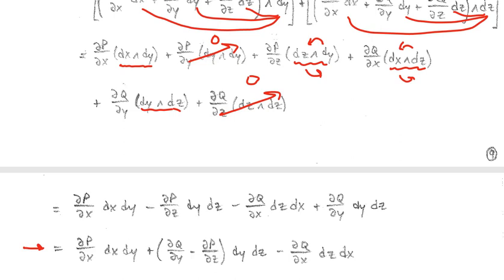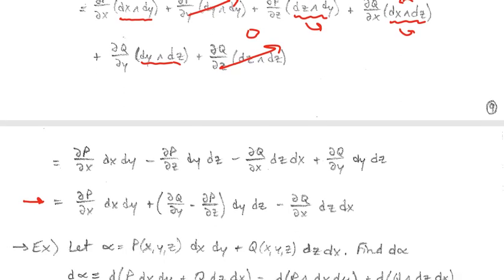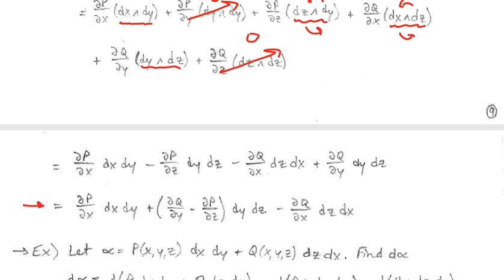Last example that we're going to see here in this video, we're going to take the derivative of a two form. And we're going to see that there is a bit more work involved here, but we'll see what it comes out to be in the end. So alpha is p of xyz times dx dy plus q of xyz times dz dx.